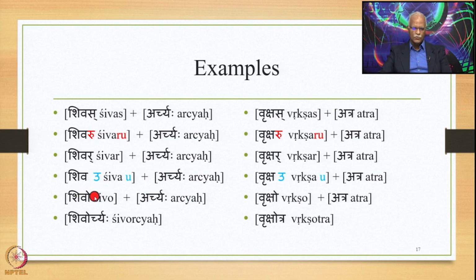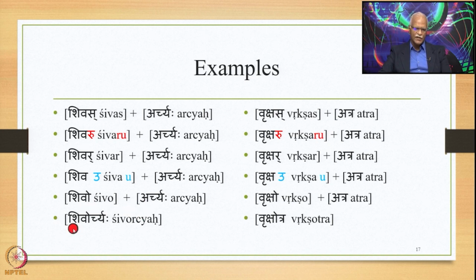Now this a plus u is further substituted by the guna sandhi by adgunaha, and so we have shivo plus archaha. And then once again the purva rupa sandhi, engap padanta dati, applies and substitutes one o, that is purva rupa, in place of two, o plus a.